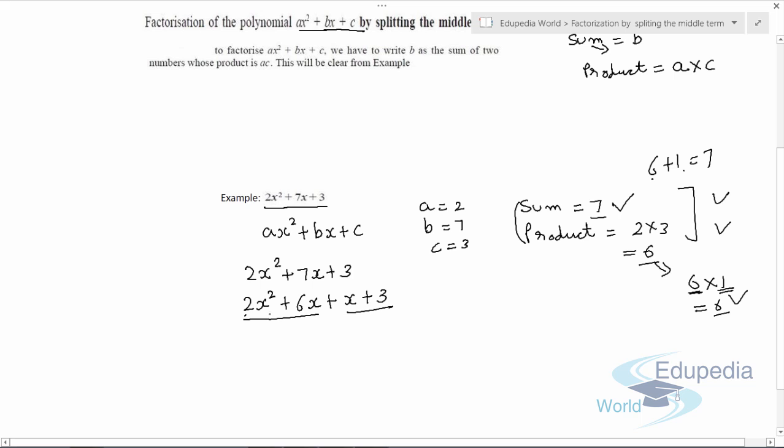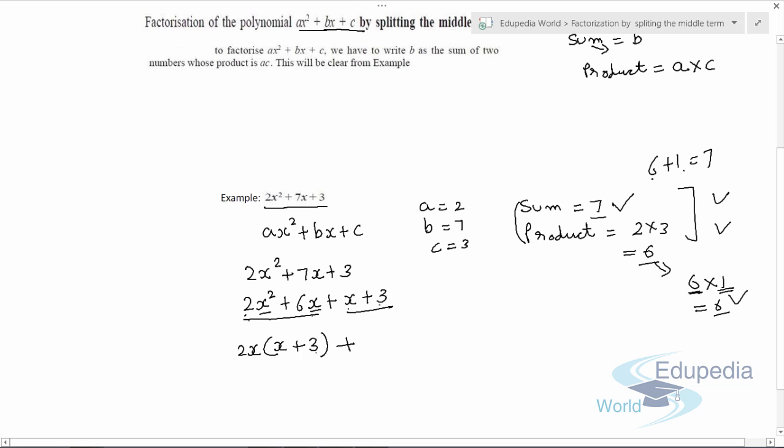What can we pull out from these two pairs? We have x common over here, so we write x, and we have 2 and 6. If we pull out 2 common, what will remain? We'll get x plus 3. Why? Because 2 into 3 is 6.